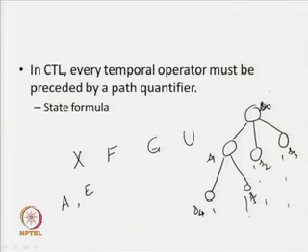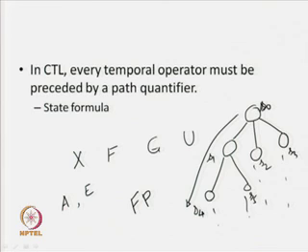Any temporal formula, say F P, says that in future P holds. This is a temporal formula, and it is defined over a path with respect to a starting state.